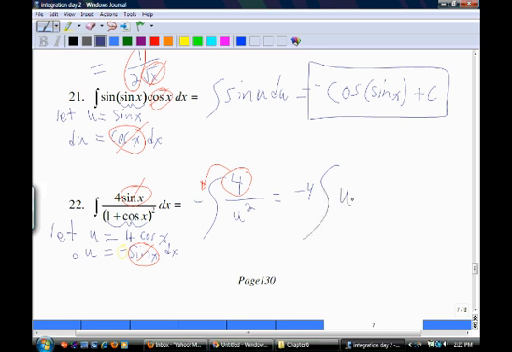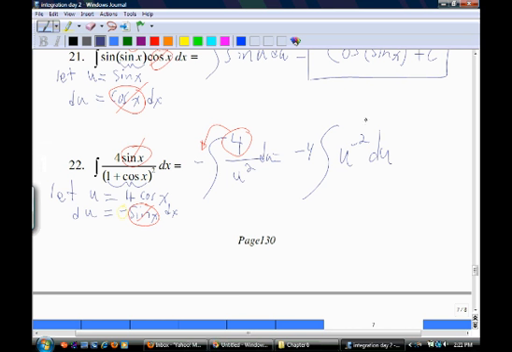Always write it as a negative exponent, so then I get negative 4 times u to the negative 1. I increase the exponent by 1 and put it over that new exponent, plus c. And to clean this up a bit, negative 4 divided by negative 1 is just 4 over u, because it's u to the negative 1, and u is 1 plus cos x, all plus c. That would be my final answer.